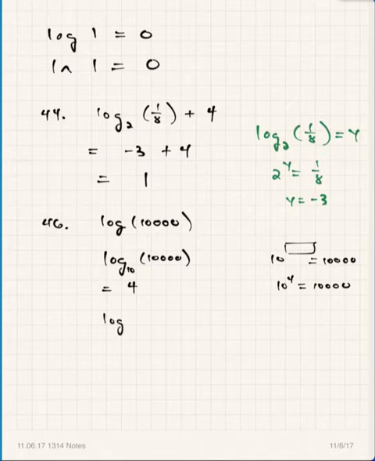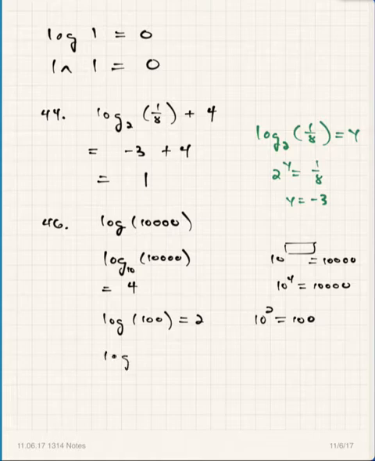Log of 100, since we're talking about powers of 10 here, would be equal to 2. Because what would you have here? Remember, it's a base 10 logarithm, so you have 10 to the 2nd power is equal to 100. The log of 10 would be equal to 1, because 10 to the 1 is equal to 10.